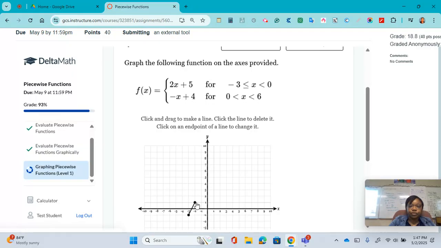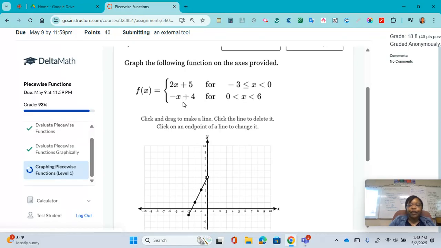Up 2 over 1, up 2 over 1, to when my x is 0. Now, is the -3 an open circle or a closed circle? -3 is closed. And 0, since there is no line under it, is an open circle. So I'm going to open this circle up.